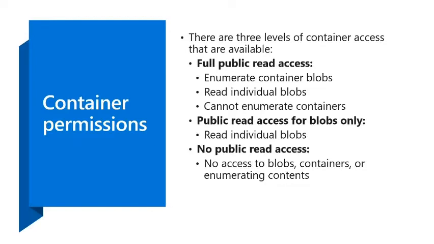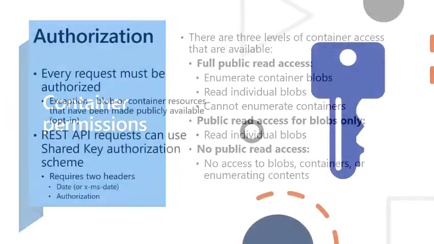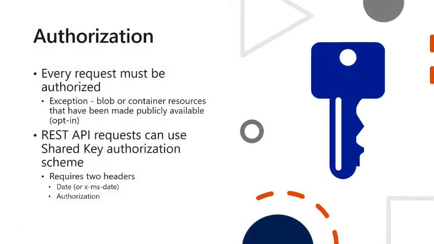Public read access for blobs only gives access to read individual blobs. No public read access means no access to blobs, containers, or enumerating contents. We will learn more about these permissions when we do hands-on storage.